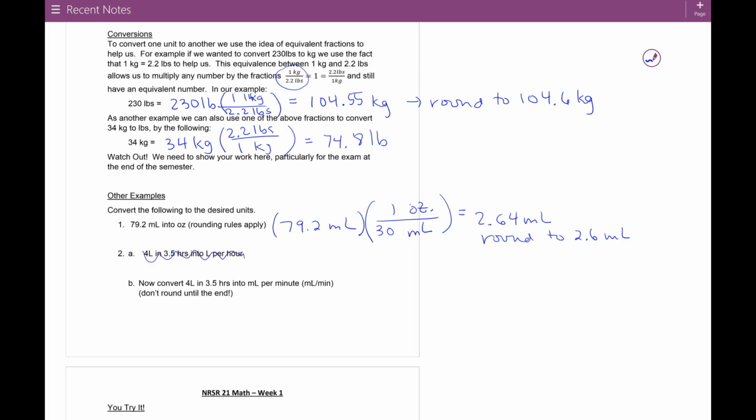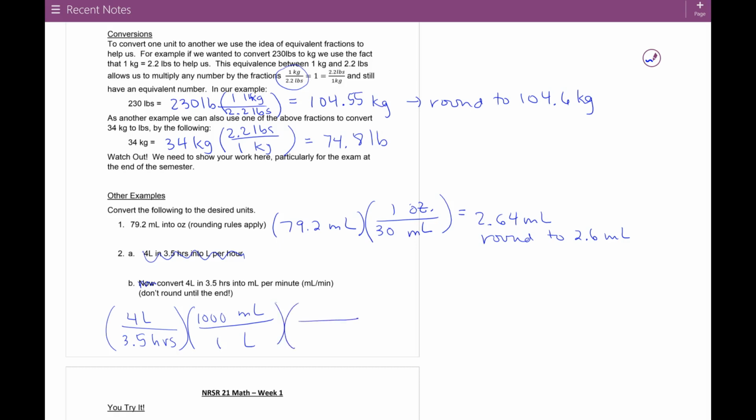And this problem, let's change it to just convert 4 liters in 3.5 hours into milliliters per minute. And don't round until the end. So 4 liters over 3.5 hours, that's a rate. Time always goes in the bottom of a rate of how fast something is happening. And we want to convert our liters into milliliters, so we need 1,000 milliliters in 1 liter.